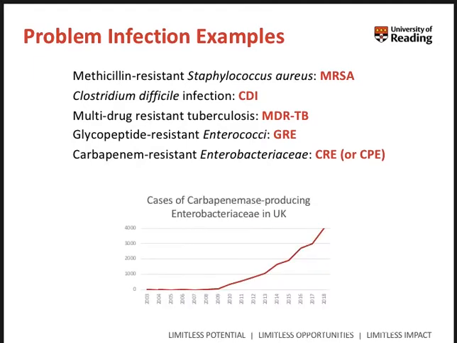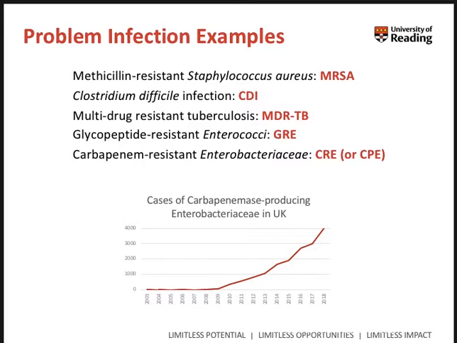And here's a little graph of the cases of CPE in the UK over the last few years. You can see that there's a growing number of cases. Why is this a particular problem infection? In the case of CPE, this is a group of bacteria that are resistant to carbapenems, which is a group of antibiotics that we really use as a last line of defence type of treatment.